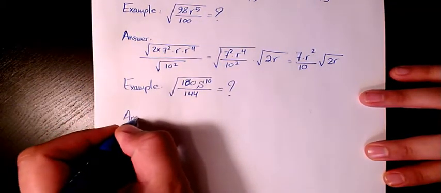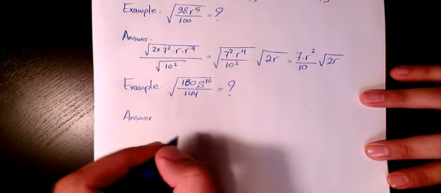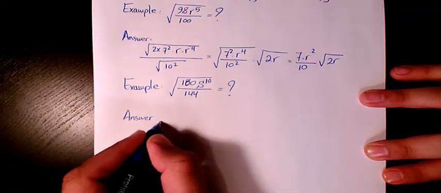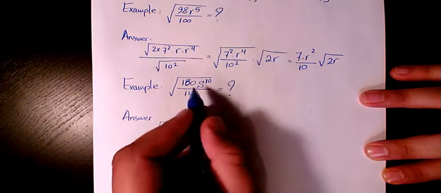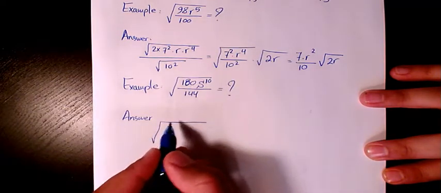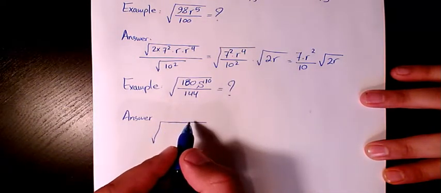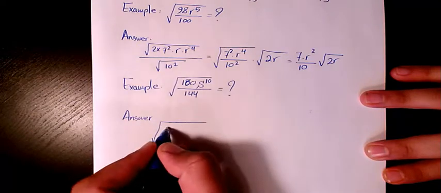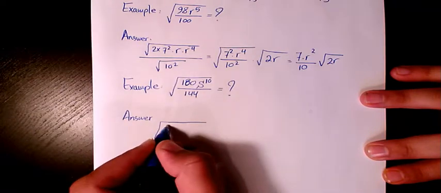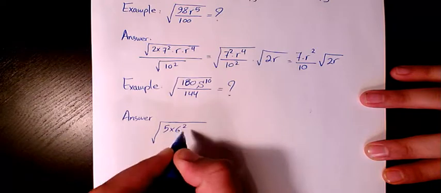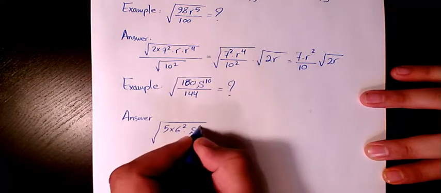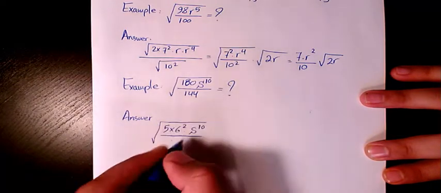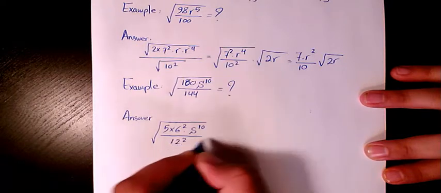The answer will be: 180 is the same as 36 times 5, and 36 is 6 squared. So it's going to be 5 times 6 squared s to the power of 10, and 144 is 12 squared.